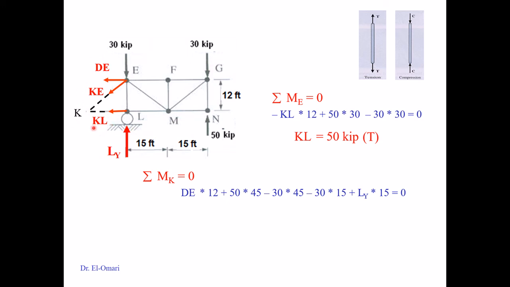Then this 30 times, also line of action perpendicular, this is the distance 45, and then the 30 is just multiplied by the 15.